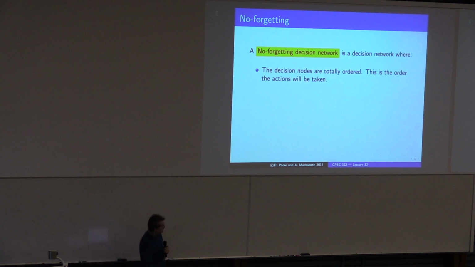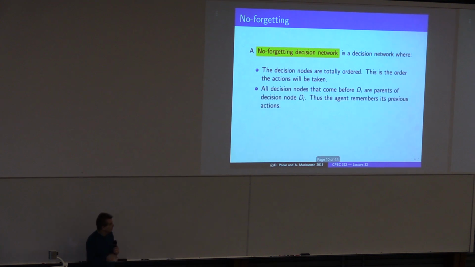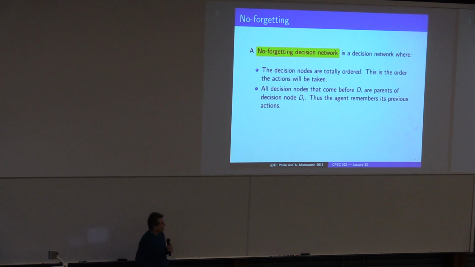First, we're going to define something called a no-forgetting decision network. It's a special type of decision network, and it's the sort of decision network that we can solve efficiently. It's a decision network where the decision nodes are totally ordered, so we've got a sequence of actions that we can perform. All decision nodes that come before some decision node di are parents of it.